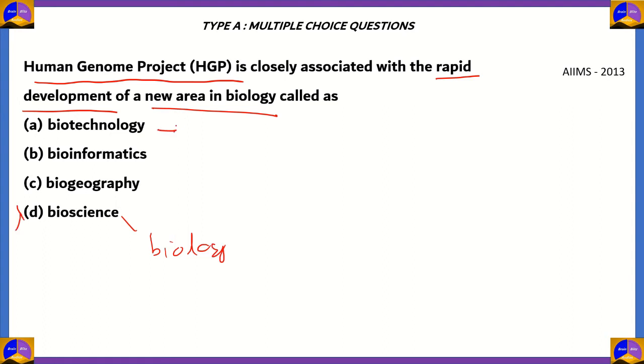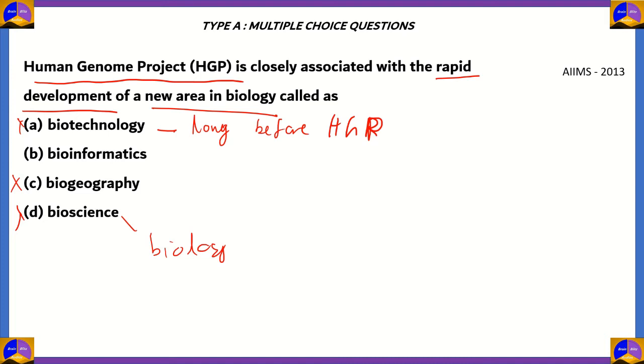Option A, biotechnology, is incorrect because advances in biotechnology were present long before HGP. Of course, it has its contributions to biotechnology, but biotechnology as a subject had formed way before the Human Genome Project even began. Option C, biogeography, is also incorrect. This is basically looking at habitats and evolution, etc.